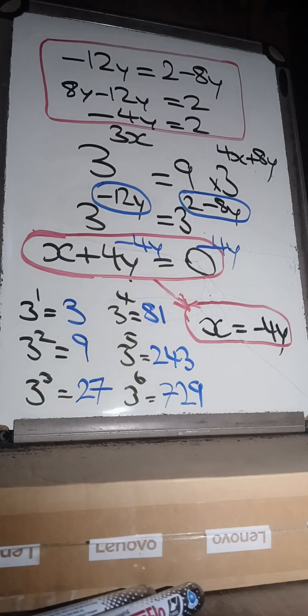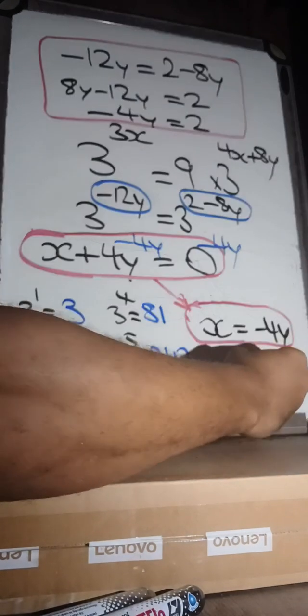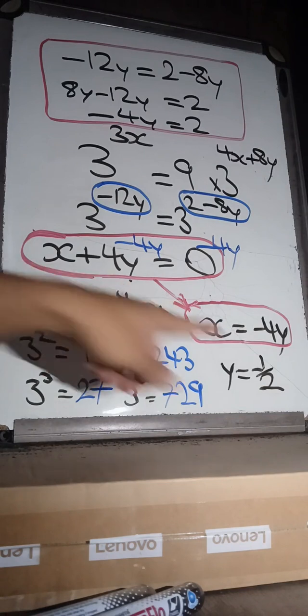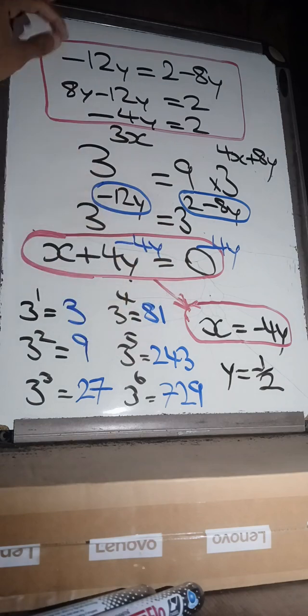So now we are going to divide both sides by minus 4. y is going to be equal to minus half. Alright, because if I take minus half, put in here, the minus is cancelled. 4 divided by 2 gives me 2.